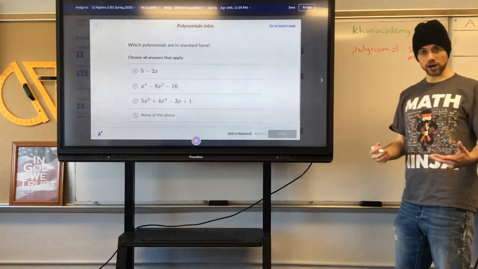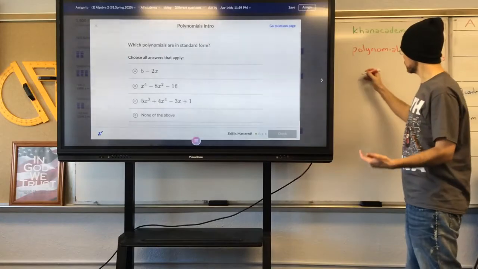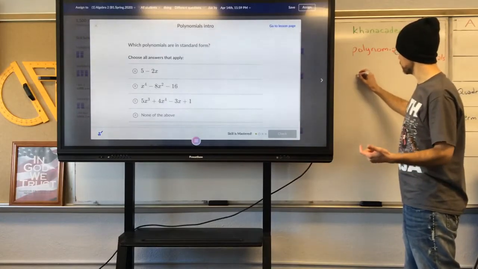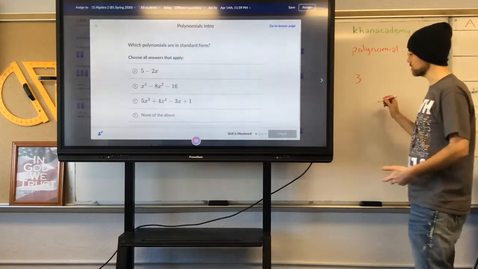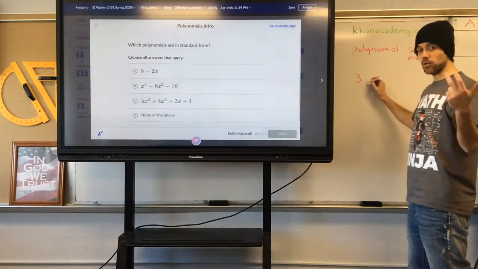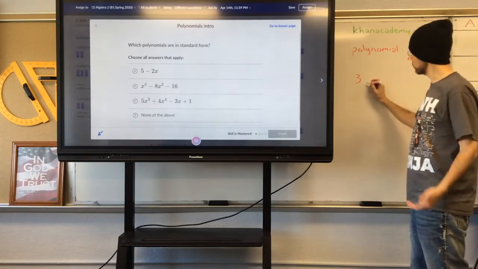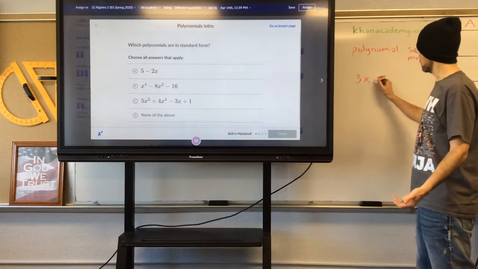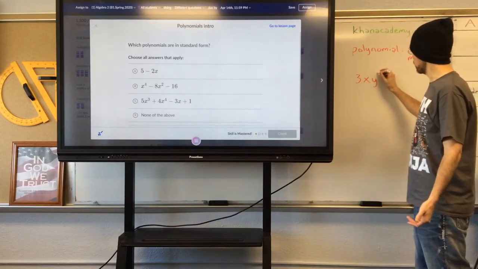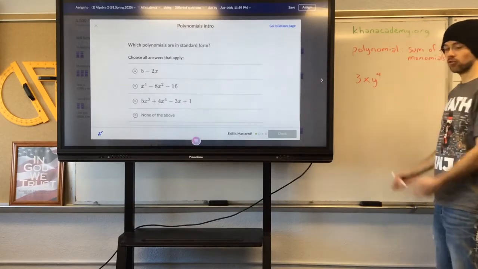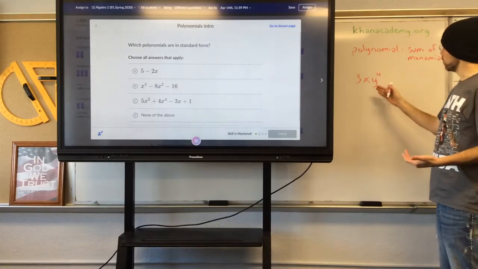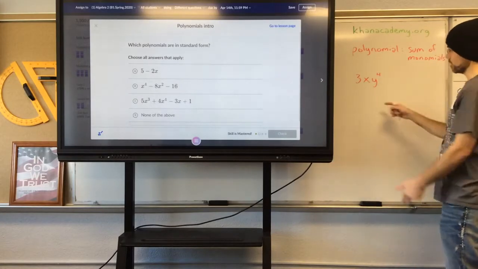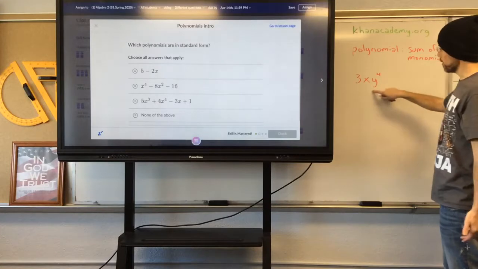It's a product of a constant. So there'll be a constant like 3, for example, so this is just an example, times any number of variables. So we could have 3x times y to the 4th. This is an example of a polynomial that is specifically a monomial because it has one product.